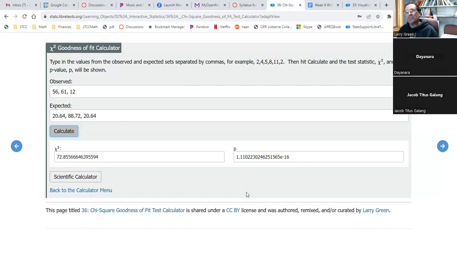What did we miss when I blindly wrote 1.11? 20.64 is repeating.